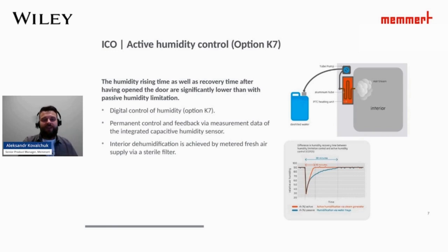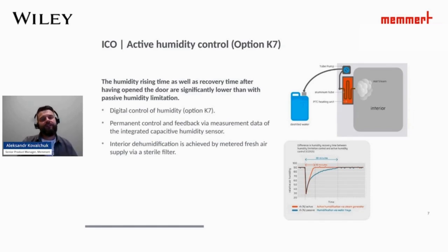The solution for maintaining a high humidity range is active humidification. With digital humidity control, option K7, both humidity rise time and recovery time after door openings are significantly faster compared to passive systems. This process is provided by a steam generator introducing water vapor directly into the chamber.